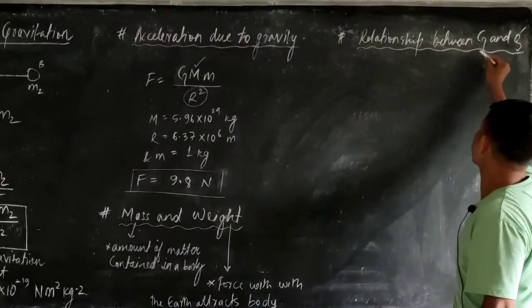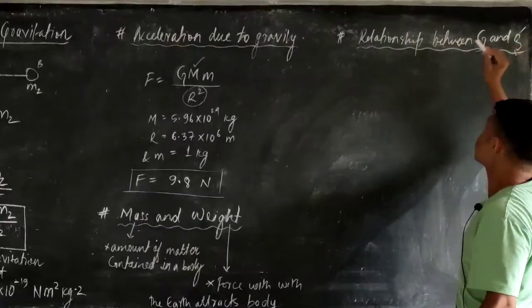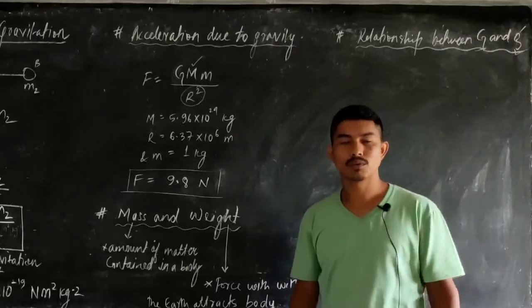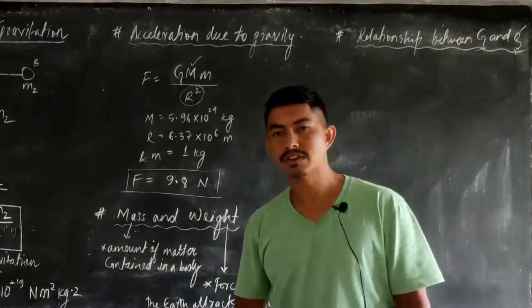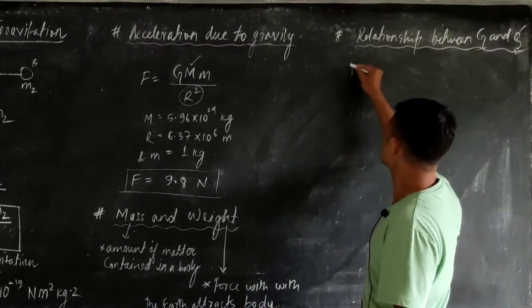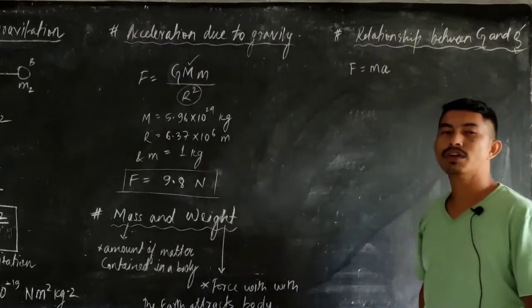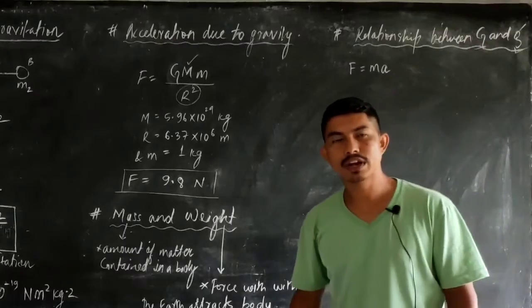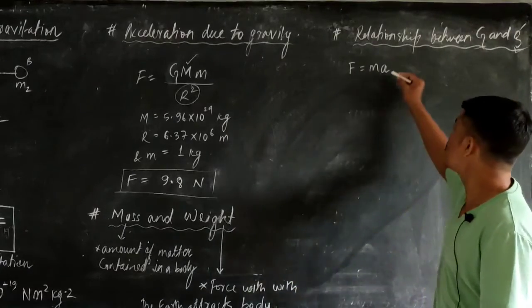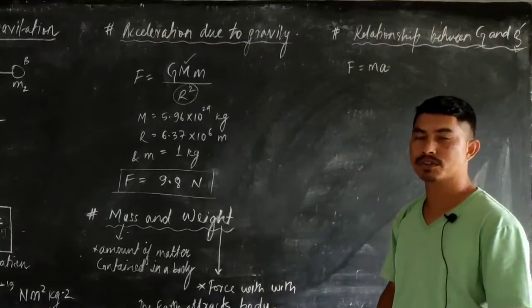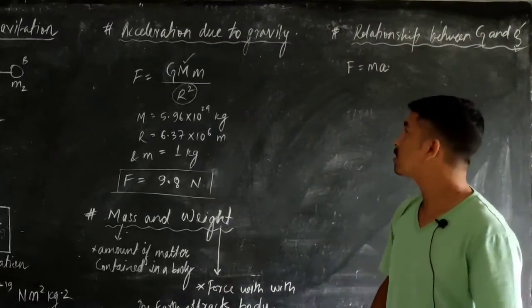Now the last and most important topic of this chapter is the relationship between the universal gravitational constant, that is capital G, and the acceleration due to gravity, small g. To start with, what we have learned in Newton's second law of motion, force is given as the product of mass and acceleration. Now if a body is falling freely under gravity, this a can be replaced with g, which is the acceleration produced due to the earth's attraction.